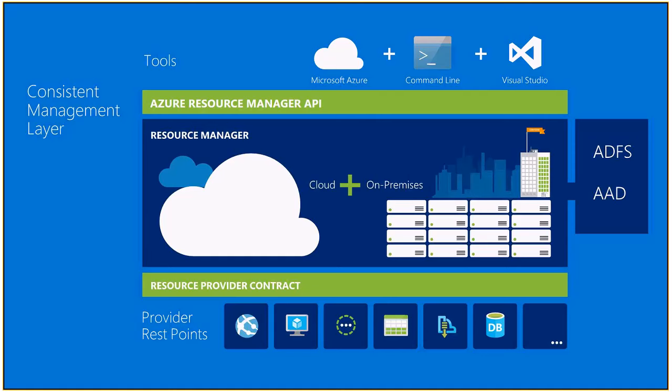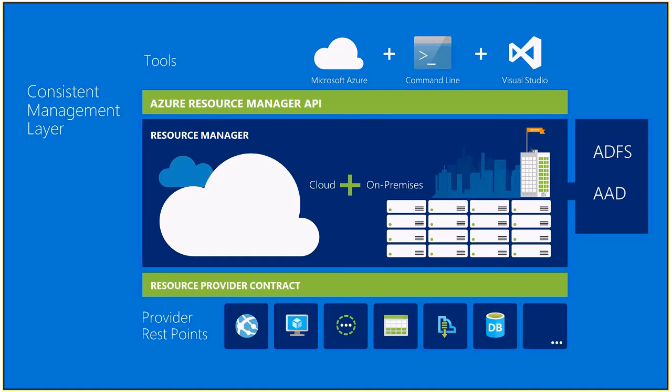Those are the resources you are using today, like websites, virtual machines, SQL, network, DocumentDB, etc. All these resource providers provide their resources through their endpoints, and the endpoint follows a very strict resource provider contract, and that ensures it behaves the way Azure Resource Manager wants.